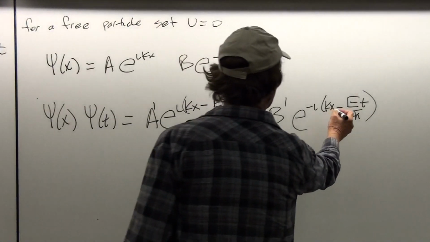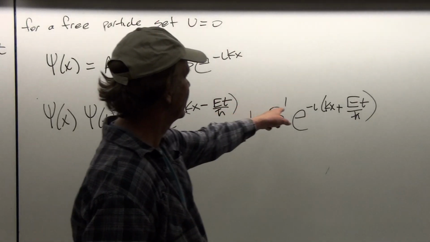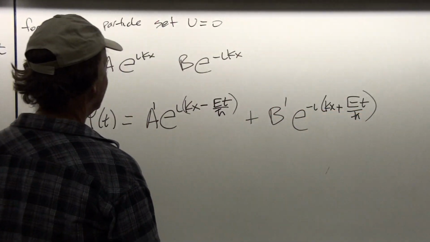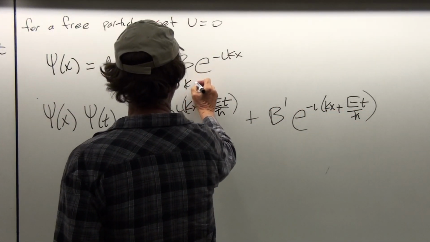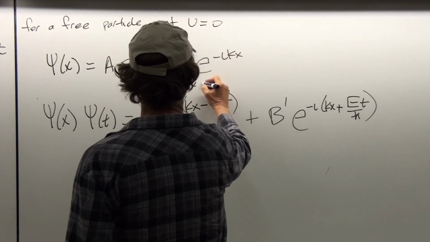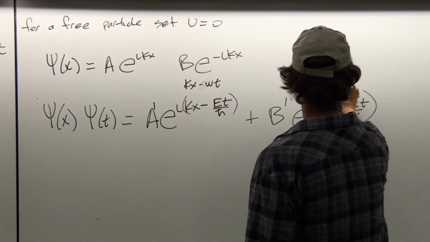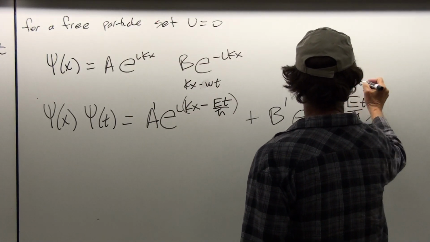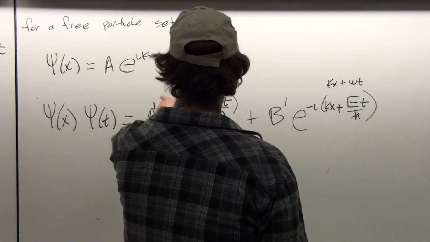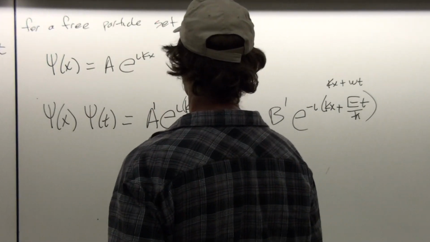This would be plus, because this is a minus, but I'm propagating the minus to the inside. So this looks like kx plus or minus omega t. This looks like kx plus omega t. Okay, so those are the equations then for a traveling wave.